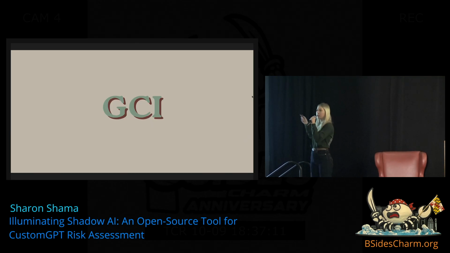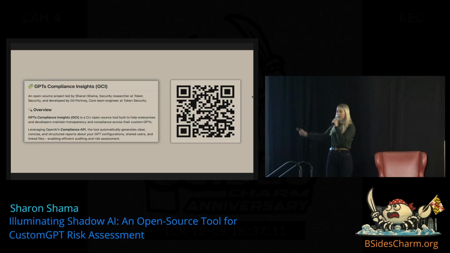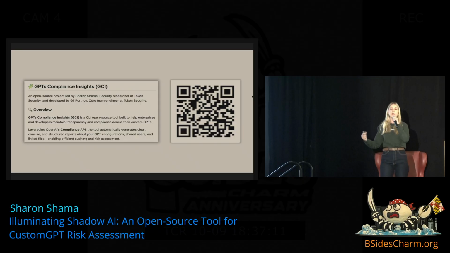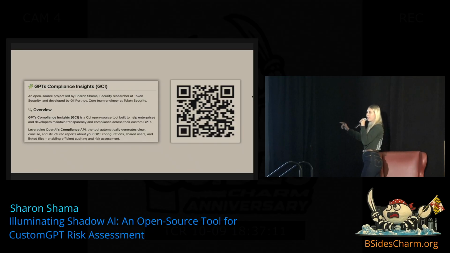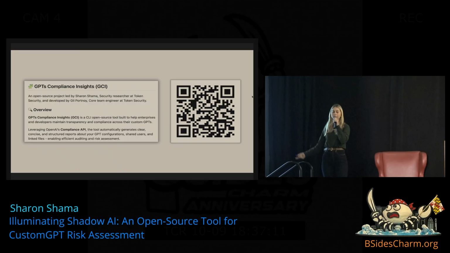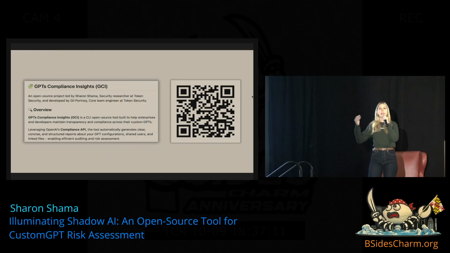So now we understand what CustomGPT and OpenAI are, and we know about the Compliance API, so where do I come in? GCI. What is GCI? GCI is an open source tool that we've built at Token Security, where I work. I built it with Gil Portnoy, who was in charge of the development, and it stands for GPT's Compliance Insights. We've talked about the Compliance API.